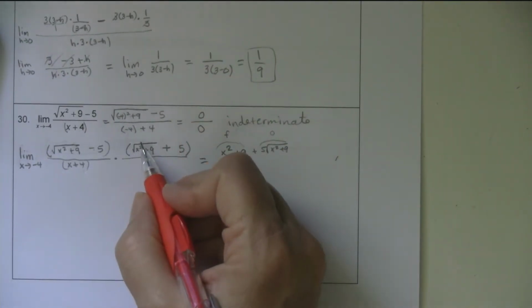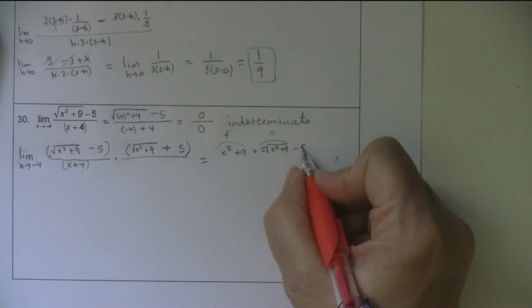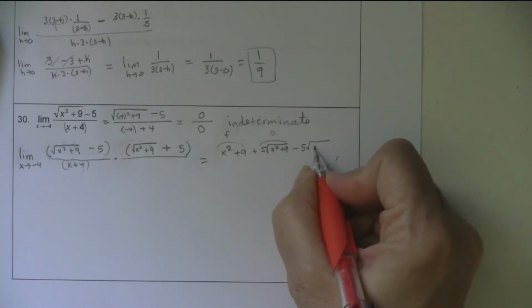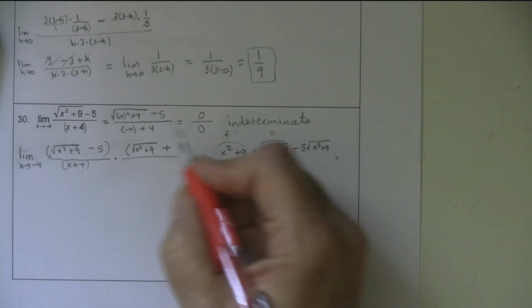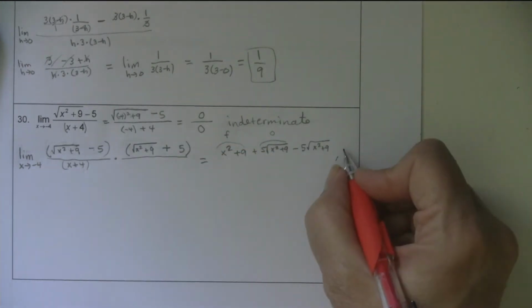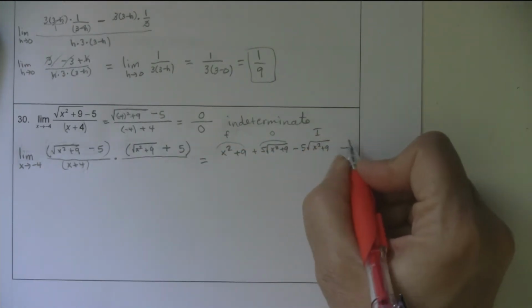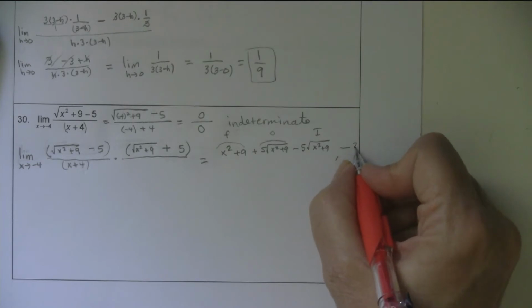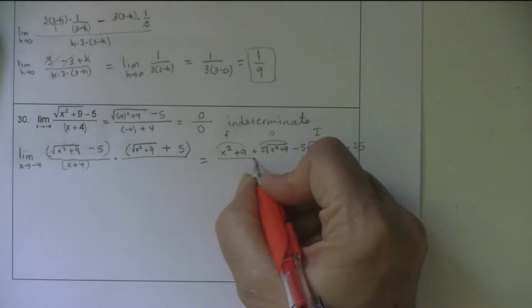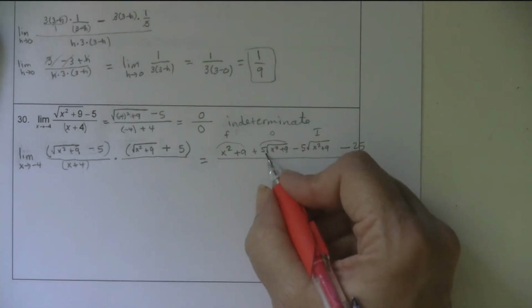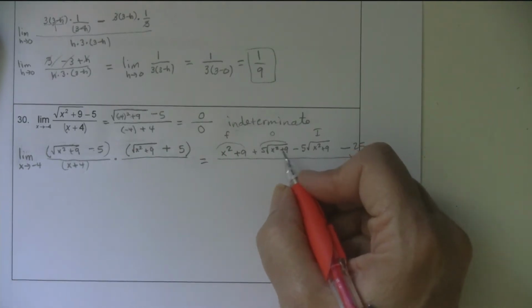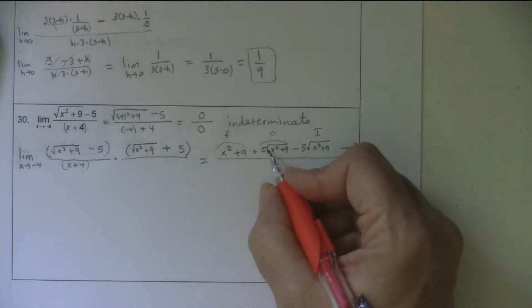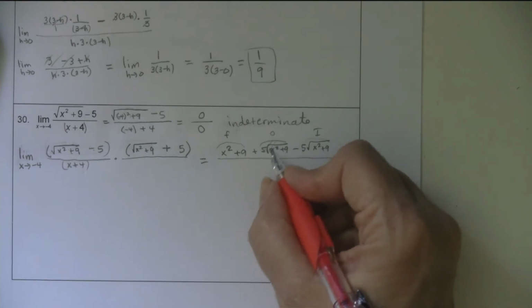Then when I multiply the inner, and then when I multiply the last, 5 times 5 is 25. So see how that worked out, because 5 square roots of the thing minus 5 square roots of the thing is 0.